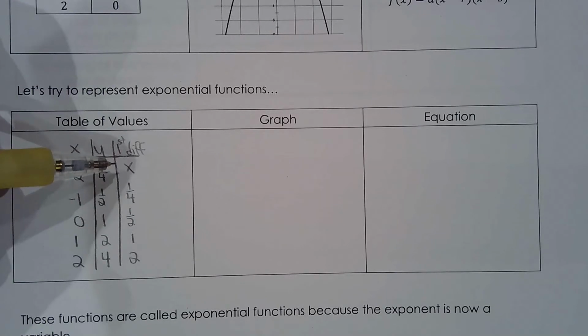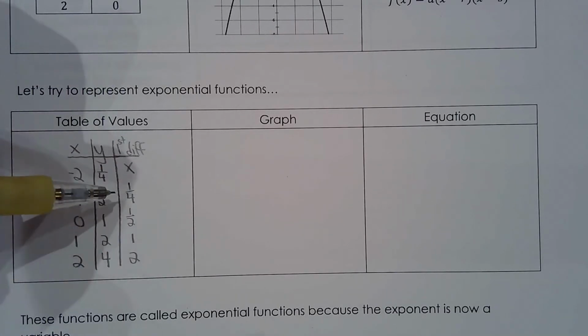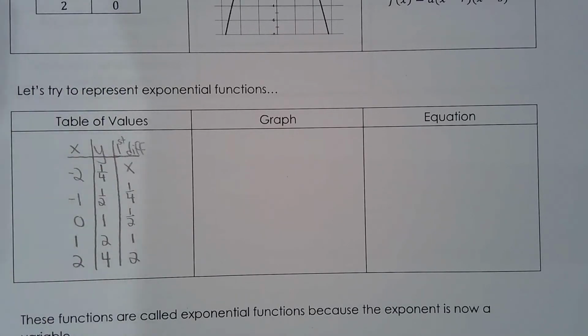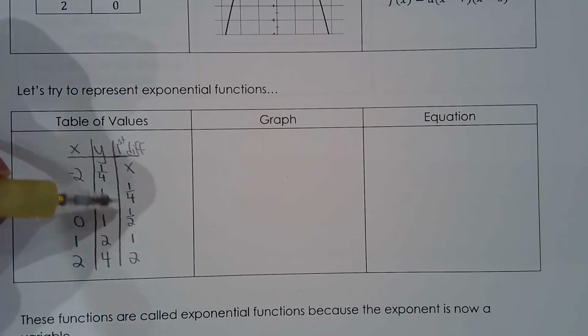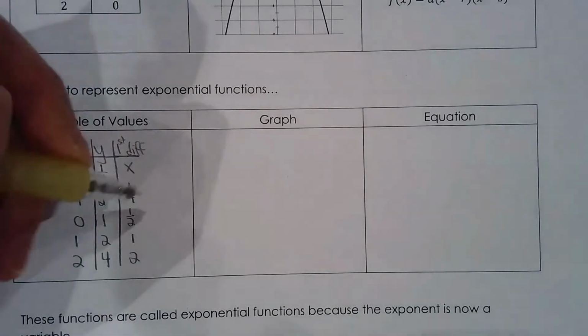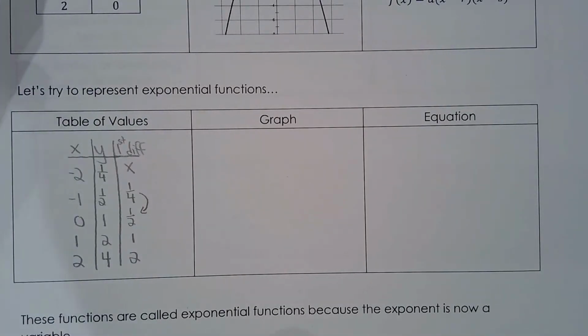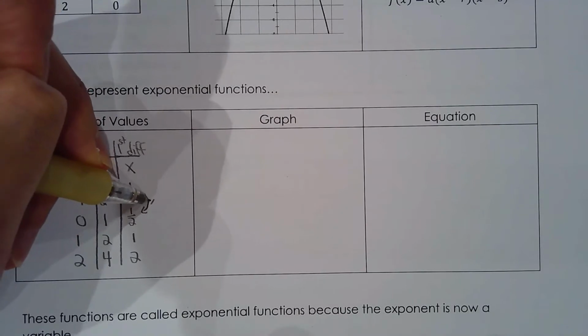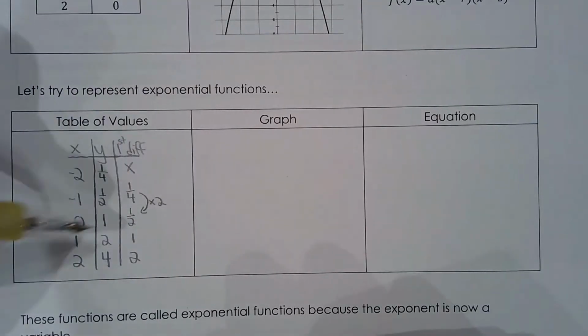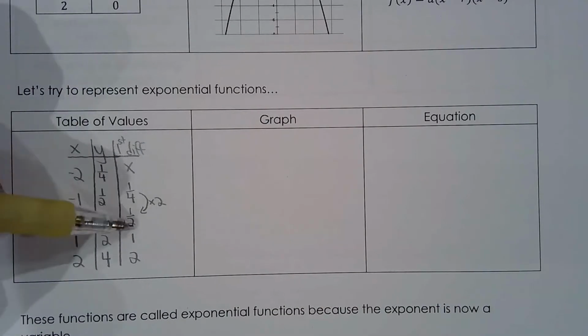Well, not only do you have to find the first differences, you have to show that there's a common ratio between successive first differences. So for example, to go from a value of 1/4 to 1/2, you multiply it by 2, right? Because you can say 1/2 divided by 1/4, or you can say 1/4 times what is 1/2? Well, 1/4 times 2 is 1/2.